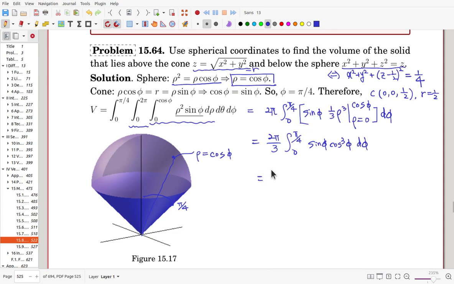From this one, 2 pi over 3, and the antiderivative must be with some quotient, and there must be cosine to the 4th power of phi, right? And from 0 to pi over 4.